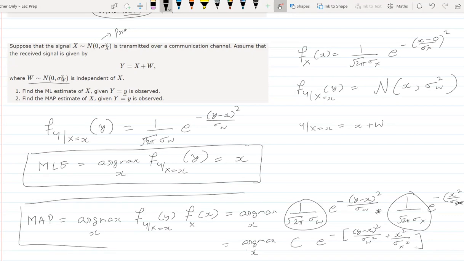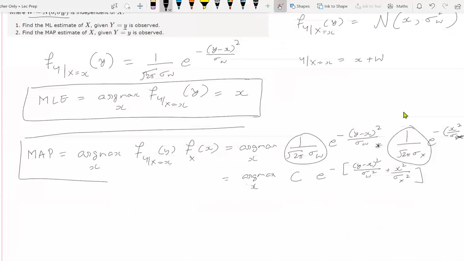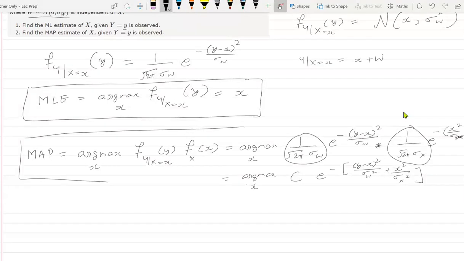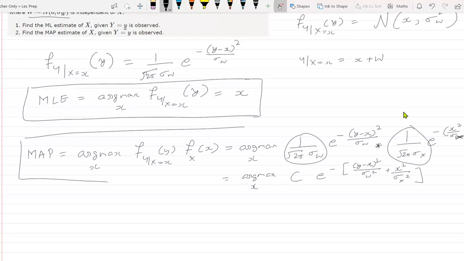So now how do you find the argmax over x of this? When is this quantity maximized?